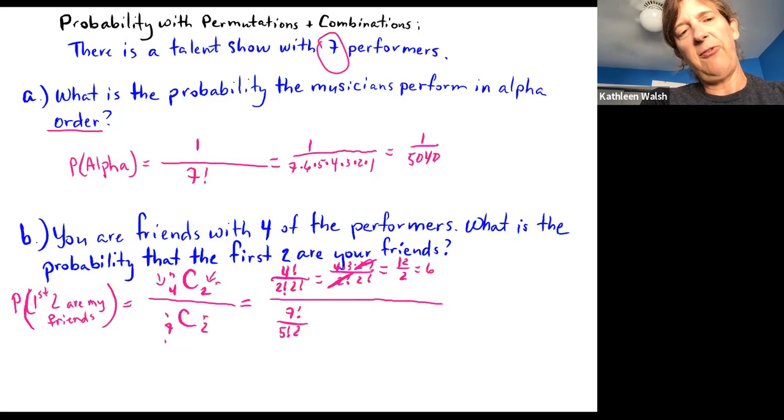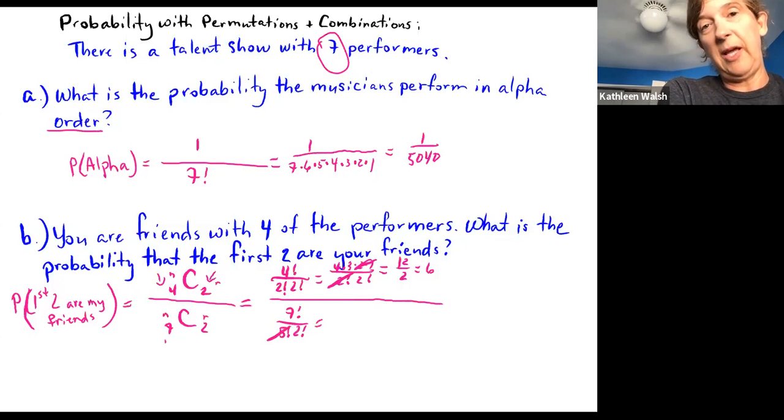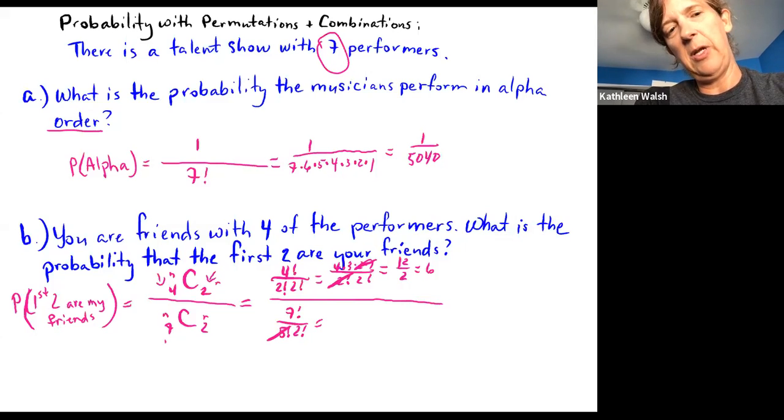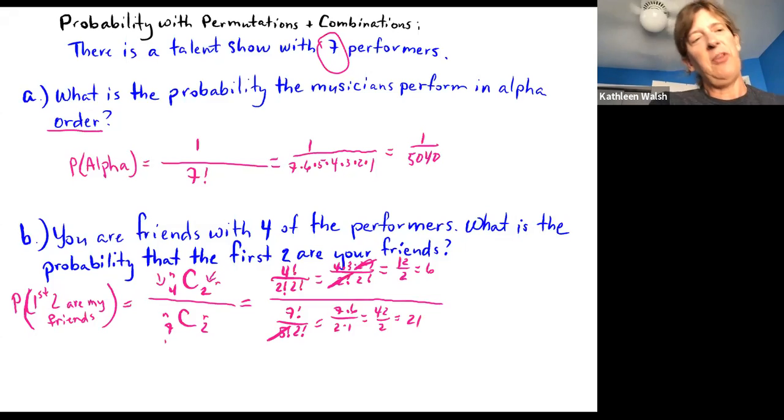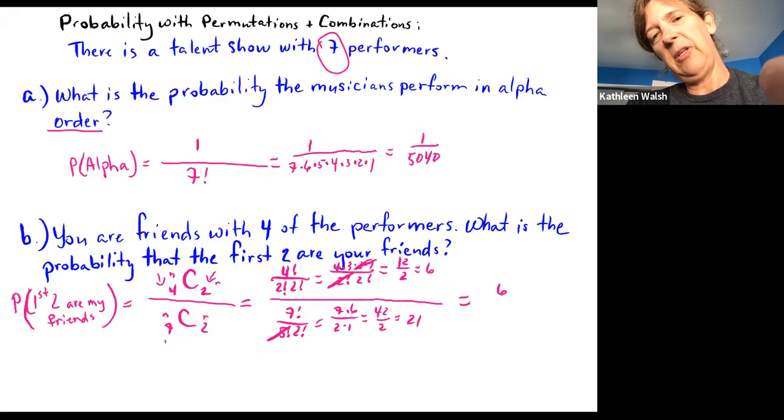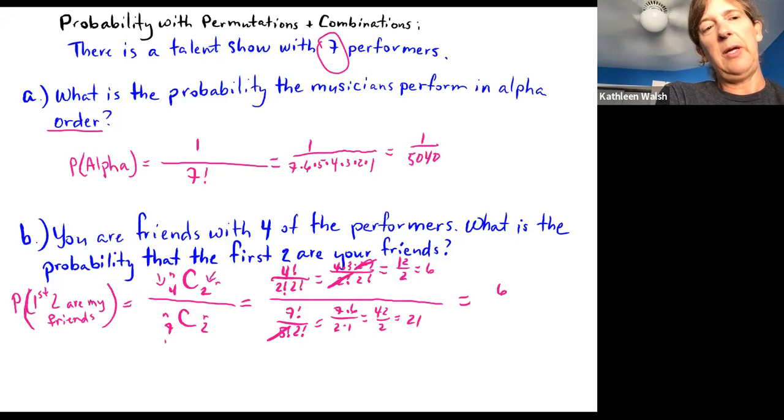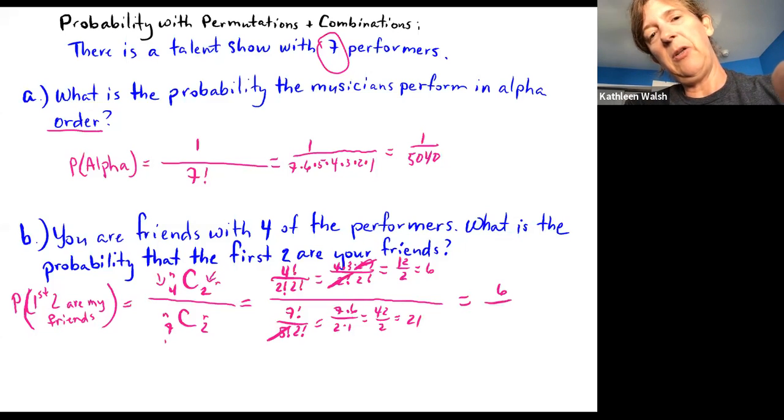I can knock out this 5 factorial with the 5 times 4 times 3 times 2 times 1 in that 7 factorial, which leaves me with 7 times 6 divided by 2 factorial, 2 times 1, and that's 42 divided by 2, and that's 21. So I've simplified my problem: my numerator for C 4 2 simplifies to 6, and when I evaluate the denominator, C 7 2, my denominator is 21.